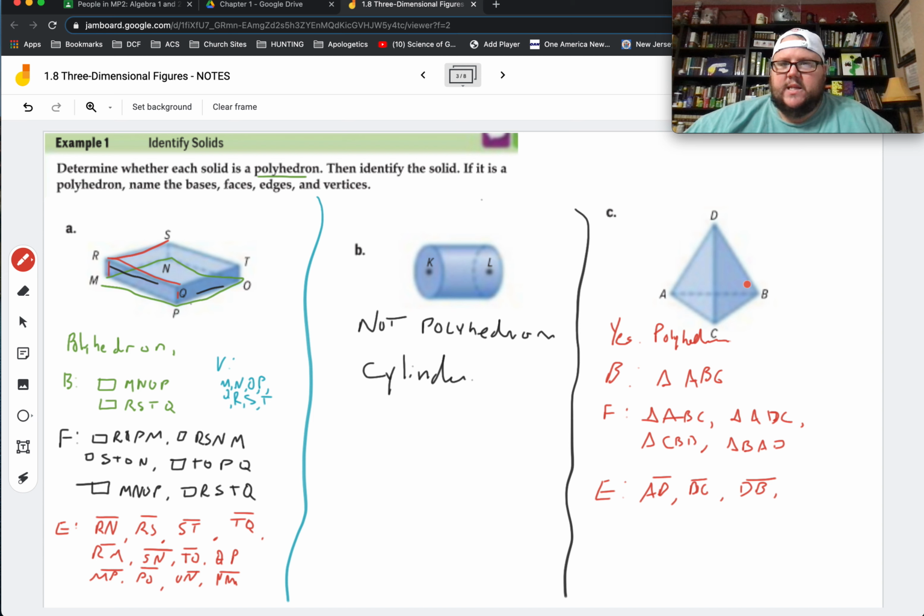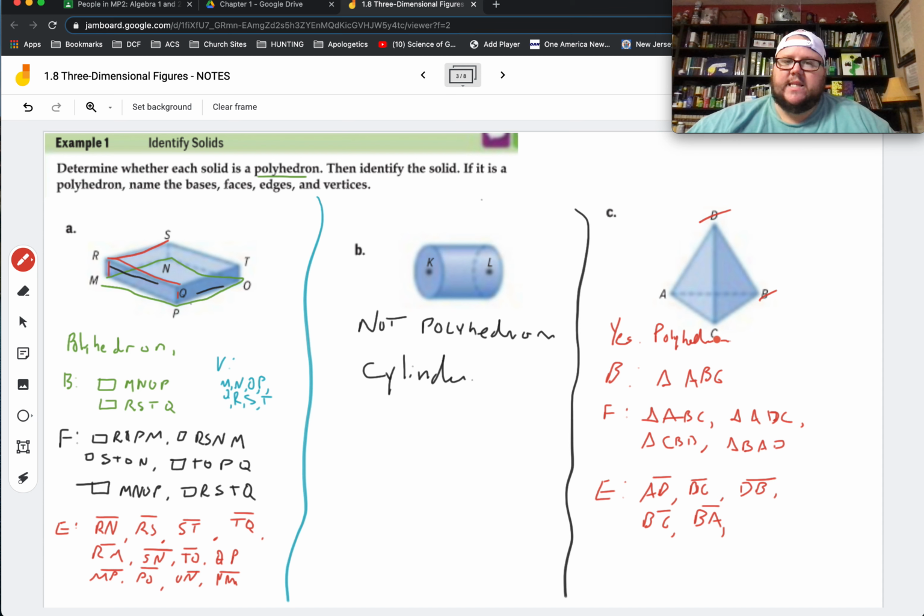So D's done. Now we have BC. We already finished everything with D, so now we're going to work with B. So we have BC, we have BA, and we have BD, but we already did BD. So now we're done with B.